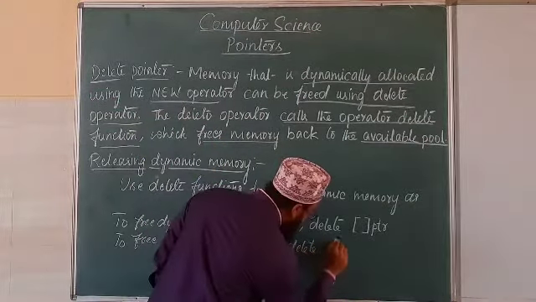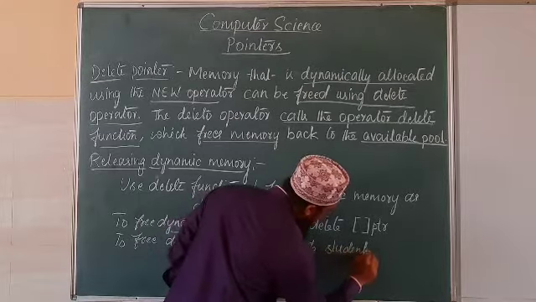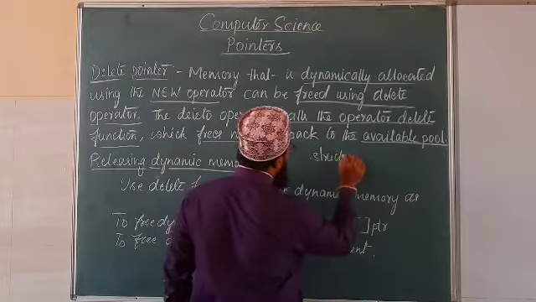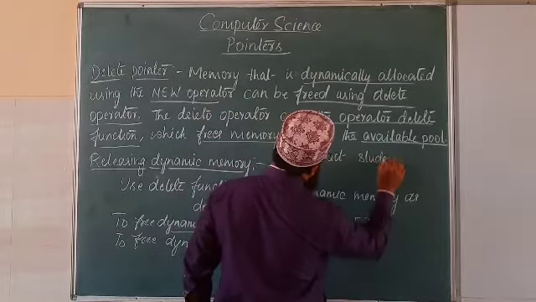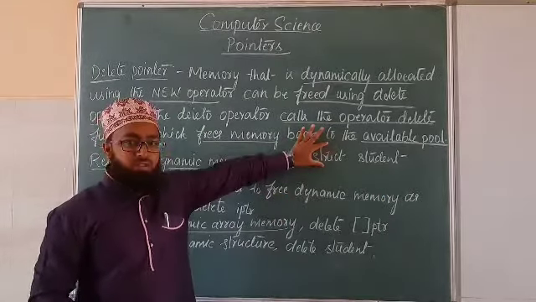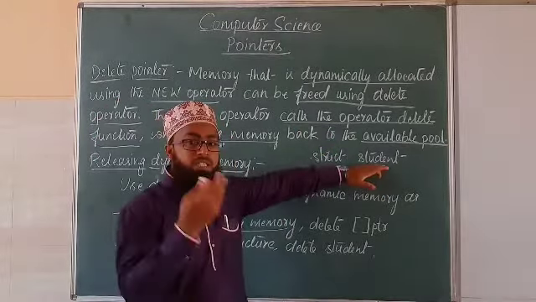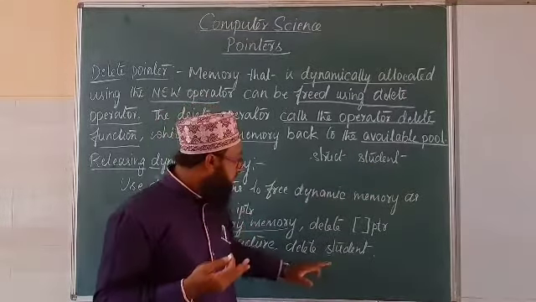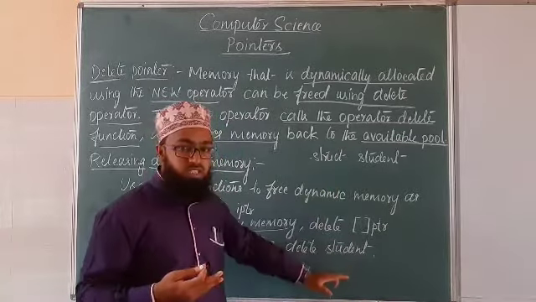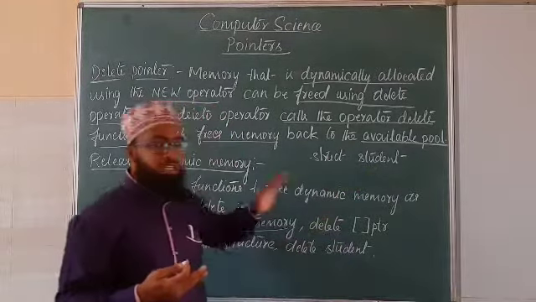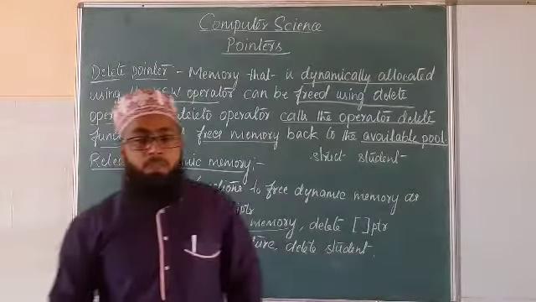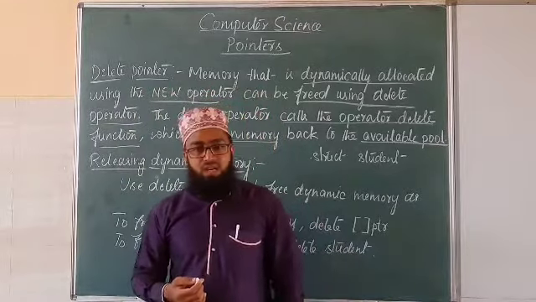Take the structure name, it may be student or anything. I have explained that in struct student, struct is a keyword and student is the structure name. So here we take the structure name, not the keyword struct. Hope you have understood the delete pointer and also releasing dynamic memory.